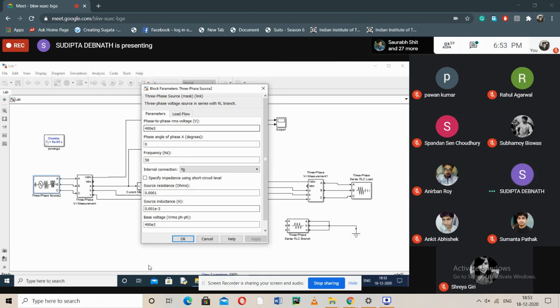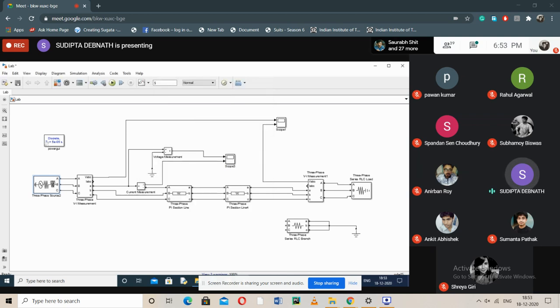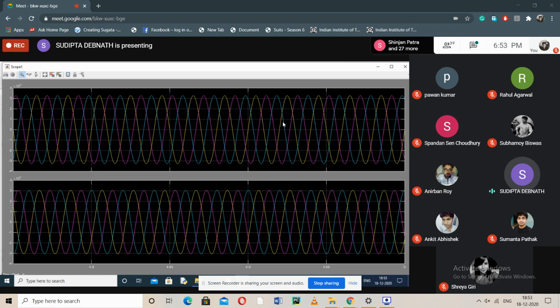And from this graph you can see the maximum value. What is the maximum value? Maximum value will be 400 by root 3 into root 2, isn't it? 400 by root 3 is actually the phase to neutral RMS value. So what is going to be the maximum value?